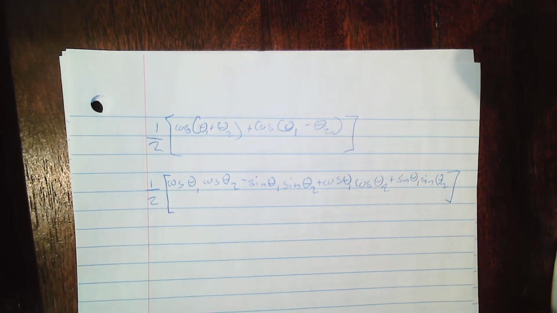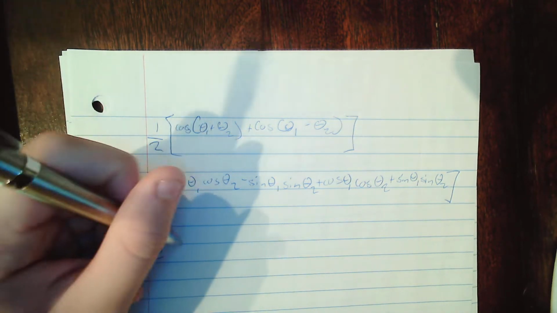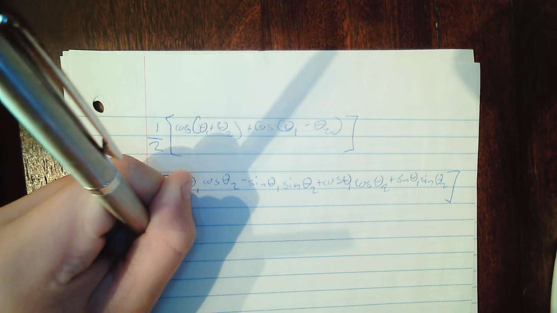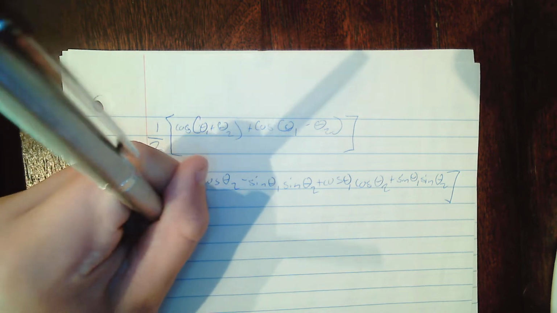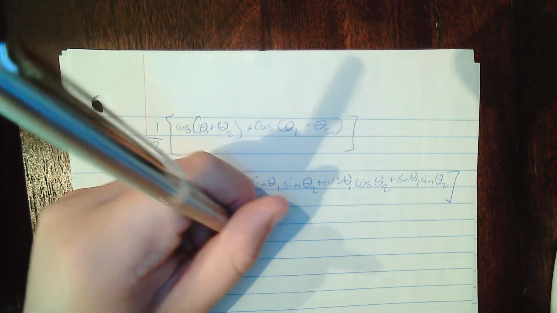So that's a lot of thetas. But this can all be condensed down, because it all cancels out, to 2 cosine of theta 1, cosine of theta 2.